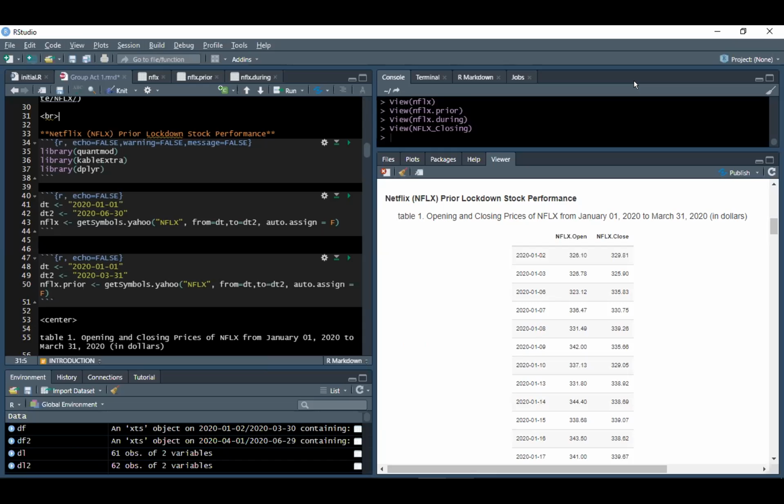Then we've used kableExtra, which is used to help build common complex tables and manipulate table styles. An advantage of this is that it is good for HTML and PDF. And lastly, the package dplyr, which is used for customizing rows and columns, wherein you can edit the data or even the name of the columns and arrange it.